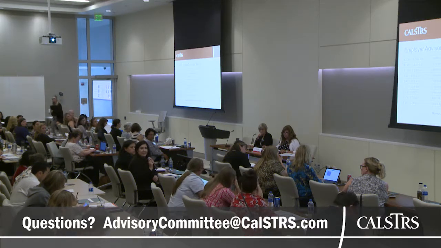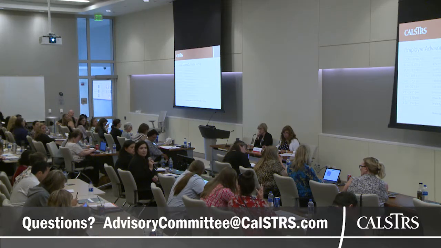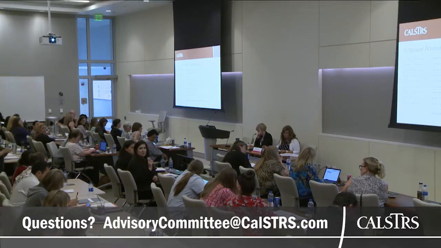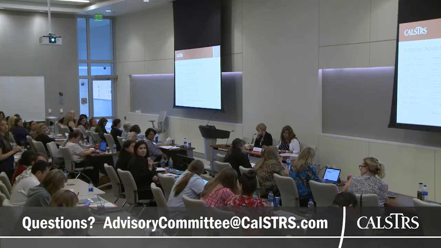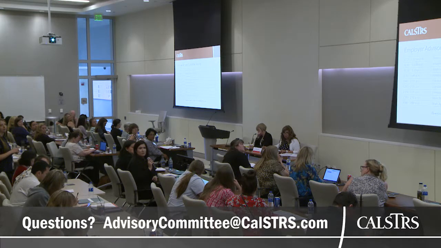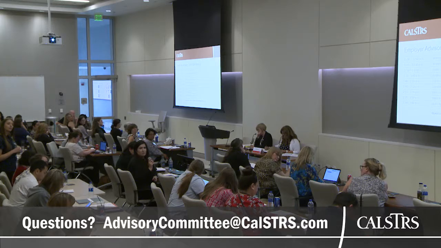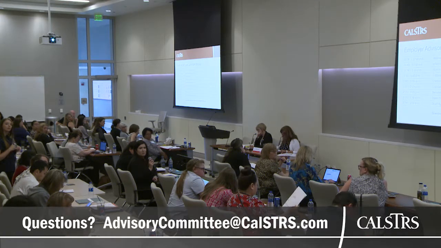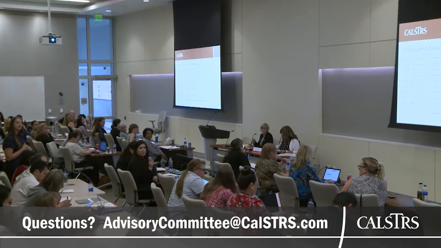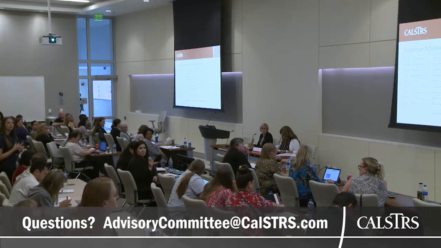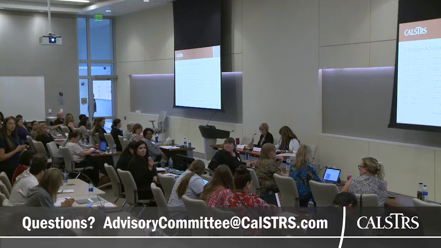When you say hired, is that hired with the district or hired for the position? The law is specific to being hired to perform creditable service. So whatever you consider that, if they're hired with the district, to me, that means they are hired because you anticipate that they will be performing creditable service. It's not that they are actually performing creditable service, it's that they're hired to perform creditable service. Is that your question?